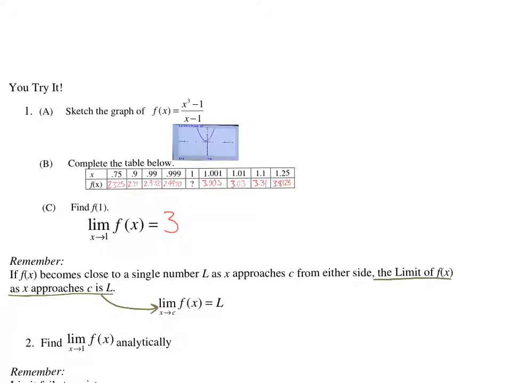All right, good. Now, this is kind of a pain, right? Plugging it in, having to type in all those numbers, and how do we know the limit doesn't actually equal like 3.0001 or something like that?